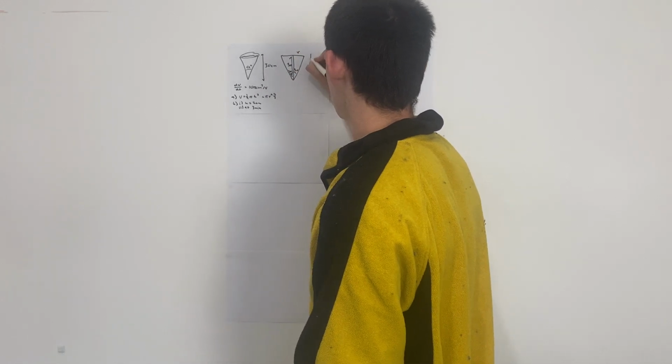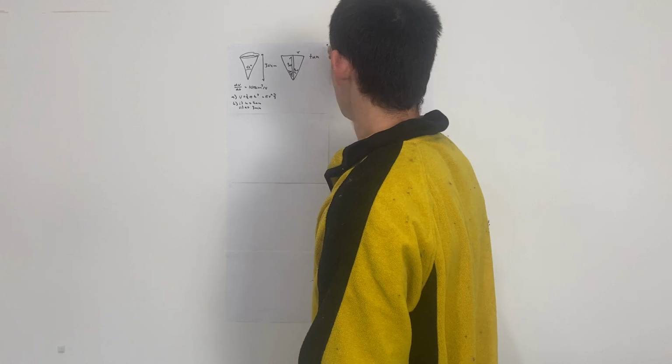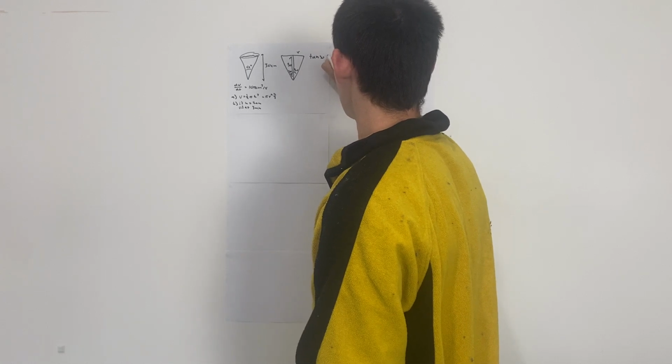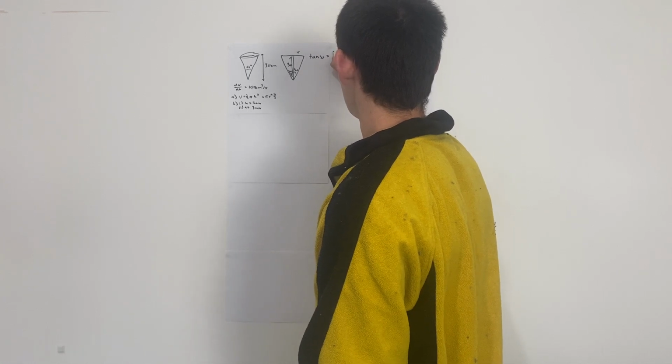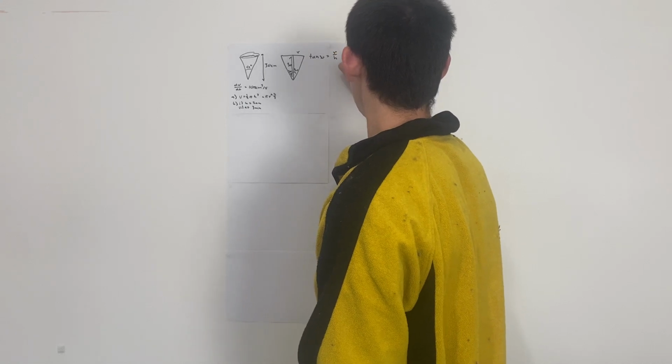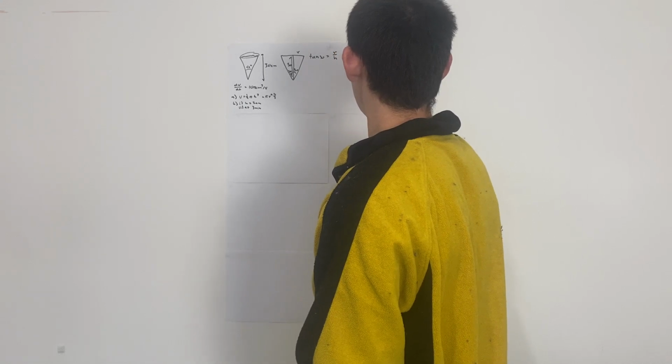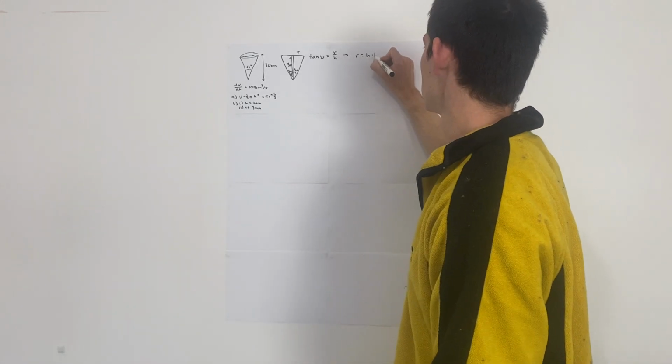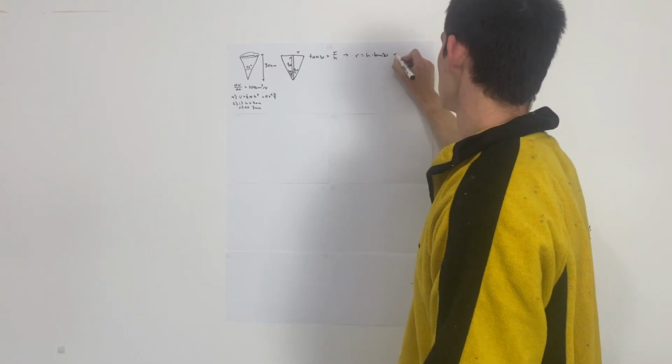So tan of 30 equals r over h, so r equals h tan 30.